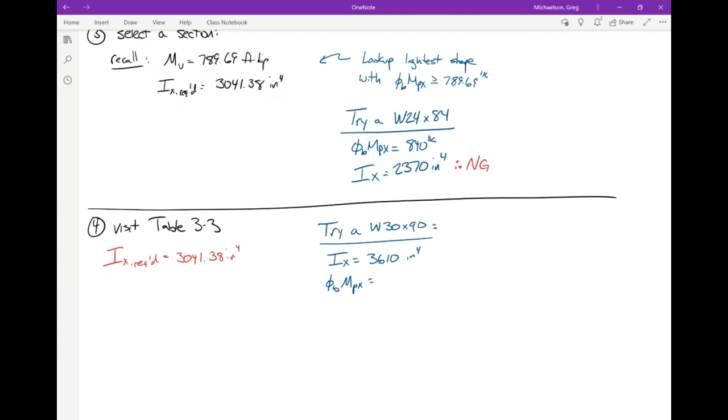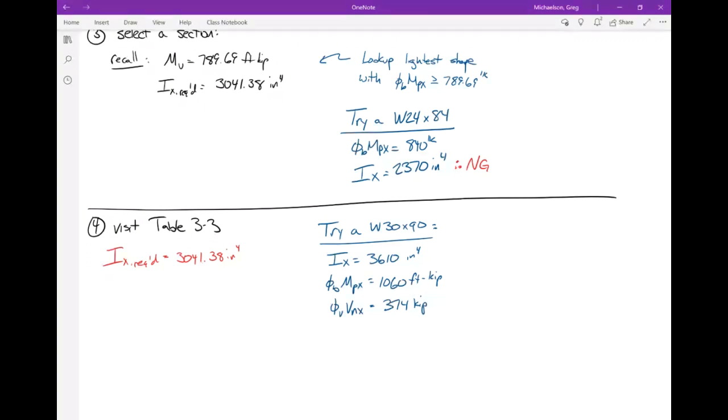It's exactly right. So this is 1060 foot kips. So it's larger than MU. So this is a good trial shape. And while we're at it, somebody other than Mr. Stratton, tell me what's VN. 374. It's exactly right. So now we've got a section that's worth looking at.